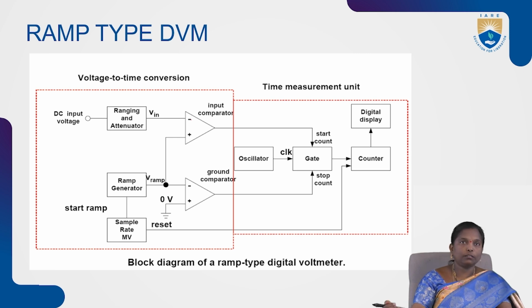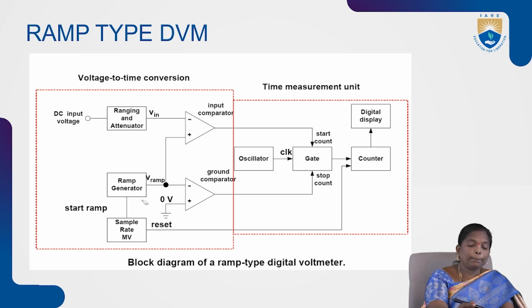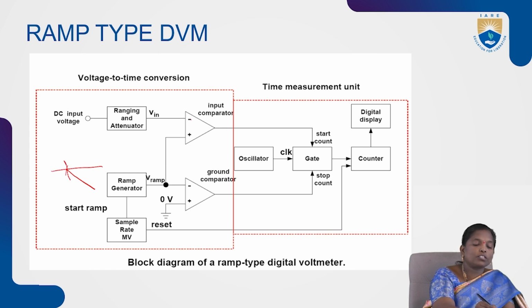Coming to the operation, initially we apply the negative going ramp signal. Initially its voltage is positive, that is, greater than 0 volts.